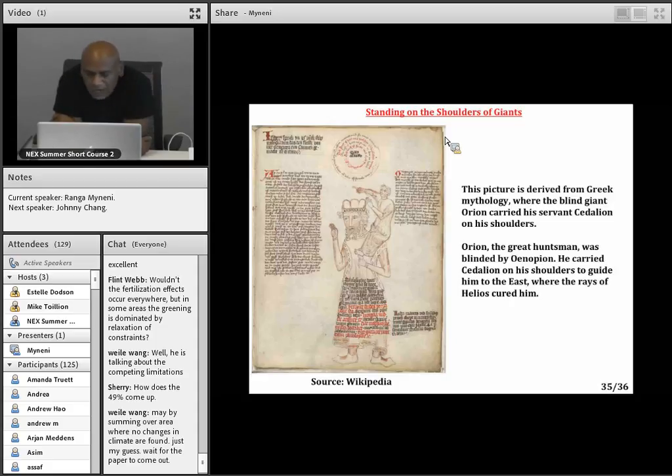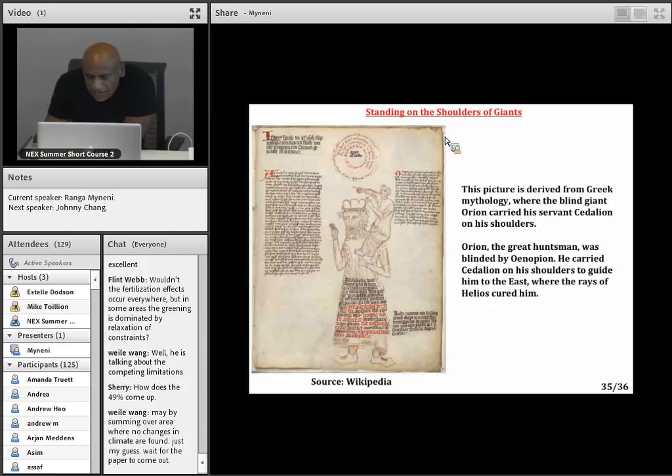So Orion then came to the island of Lemnos, and then he had this little boy, Cedalion, sit on his shoulders, and then they walked east where the god Helios cured his blindness.